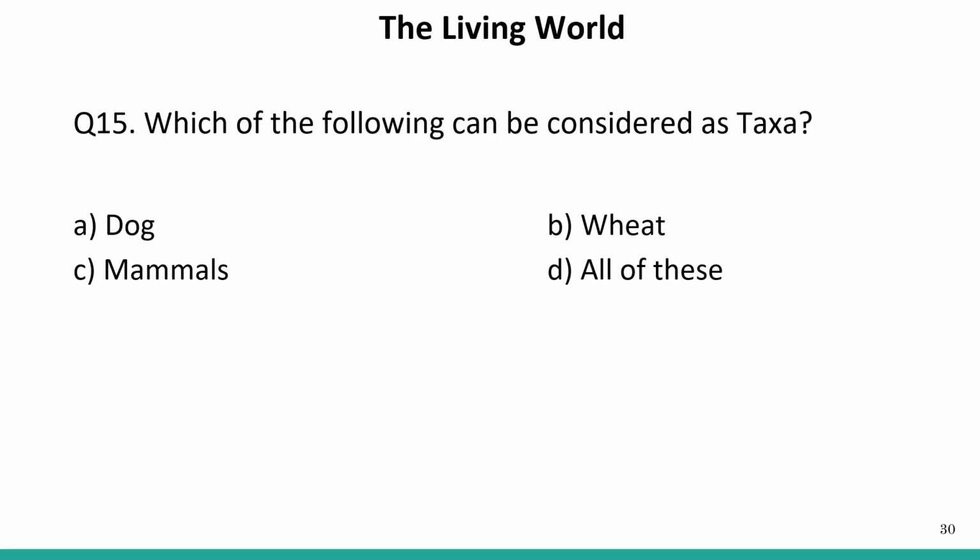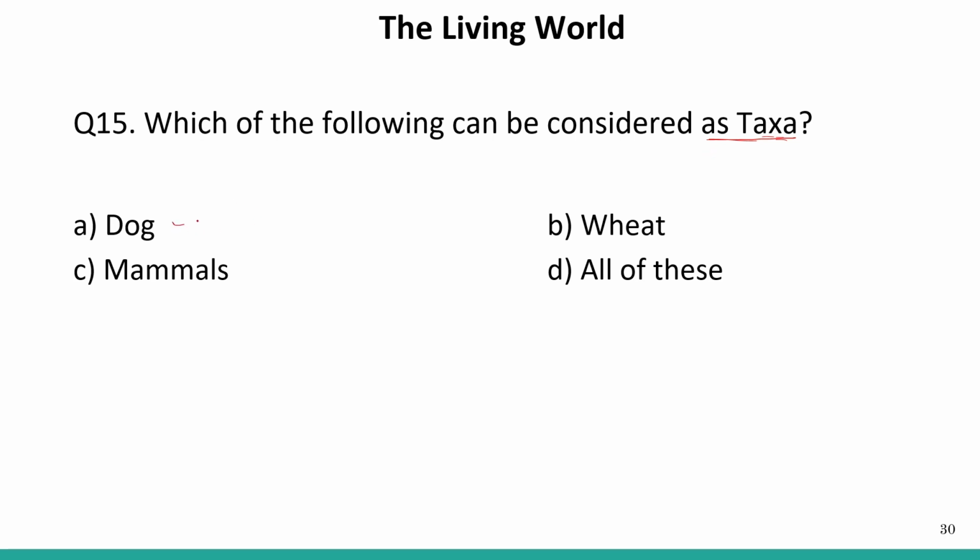Okay. The next question is, which of the following can be considered as taxa? Okay, the definition of taxa we have already seen. It is a group of organisms that are grouped together, or are related based on shared characteristics and evolutionary relationship.